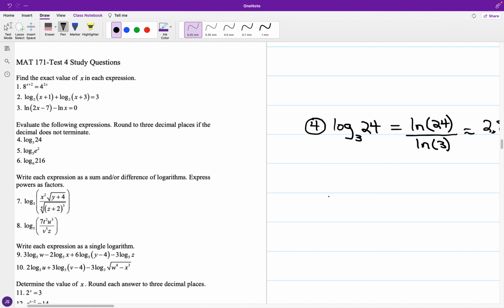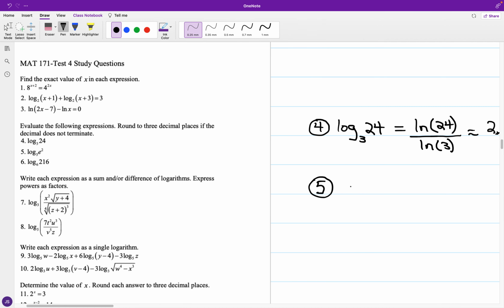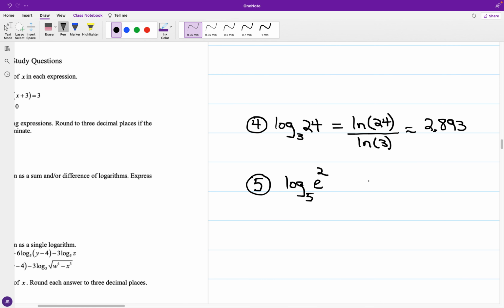And for what we have in the case of the 5th problem, okay, so you have a base 5 logarithm of e squared, and for this one, you can use either natural or base 10 logarithms. We'll go with natural on this one.